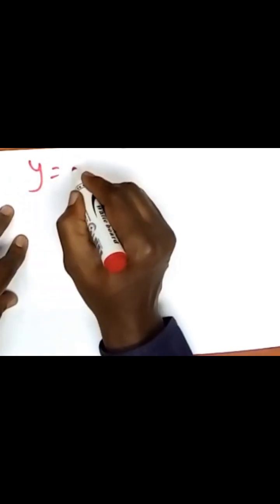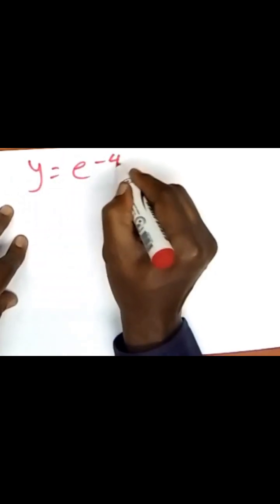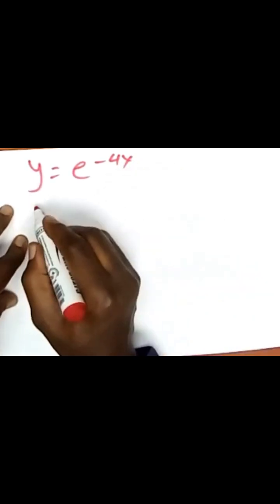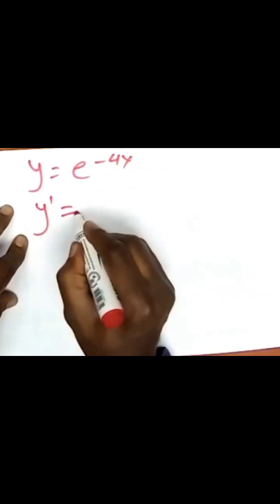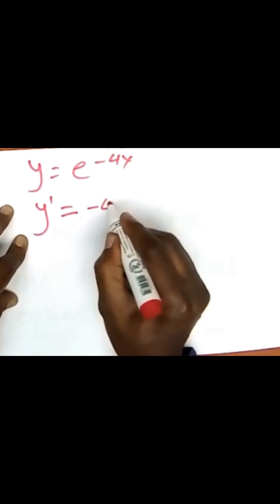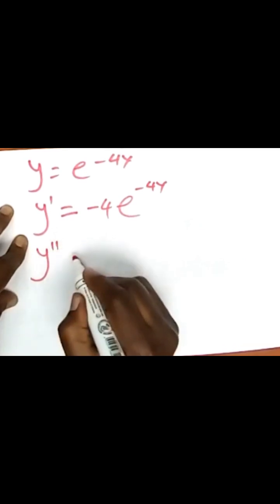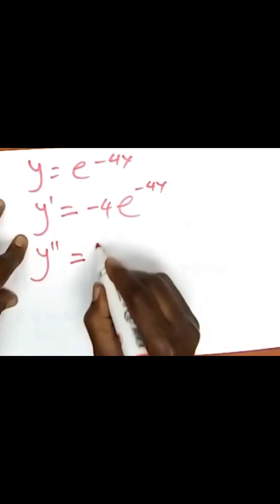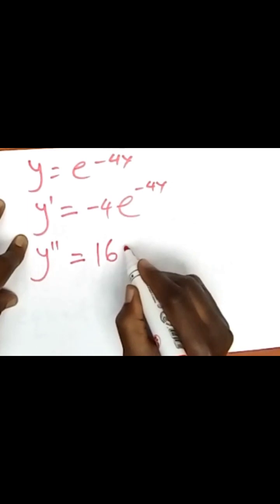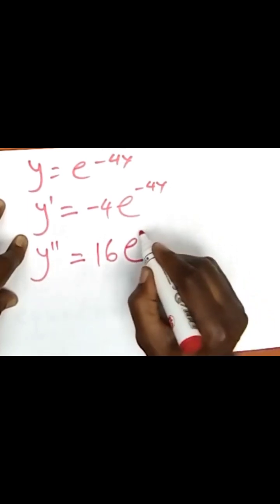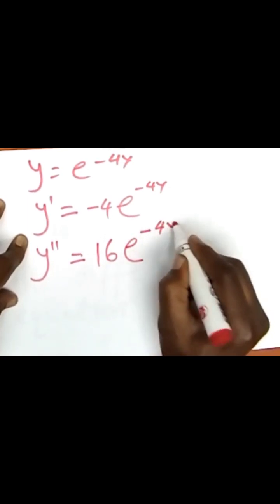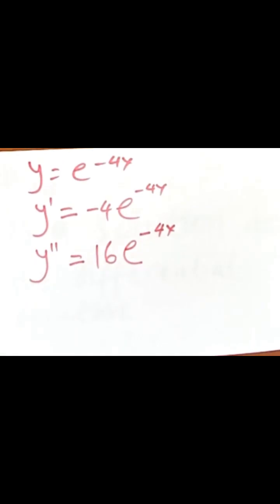y is equals e raised to power minus 4x. y prime, which is the first differential, is equals minus 4 e raised to power minus 4x, and y prime prime, which is the second differential, is equals 16 e raised to power minus 4x.